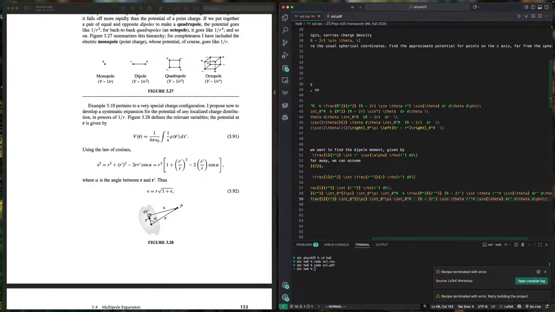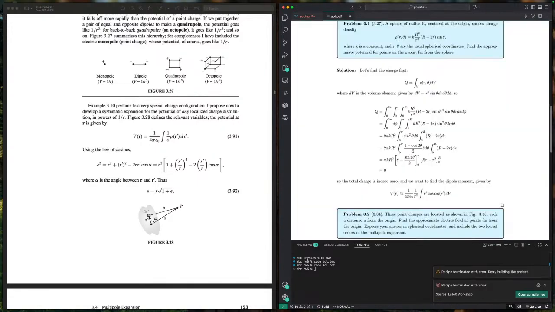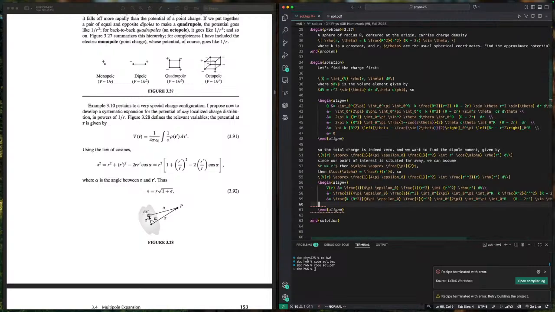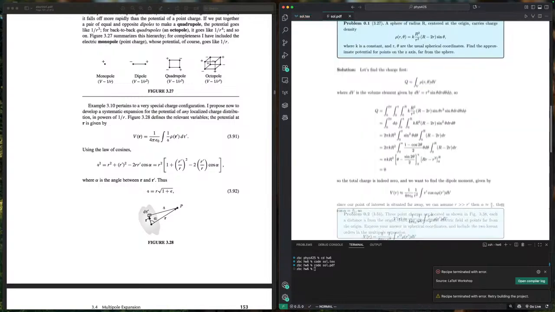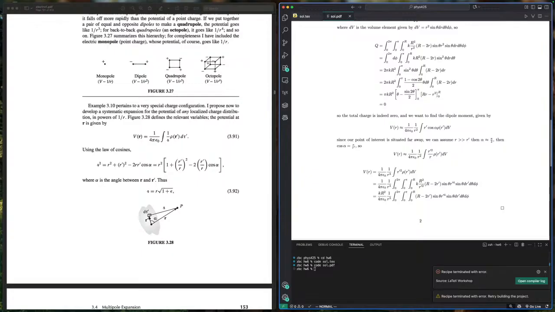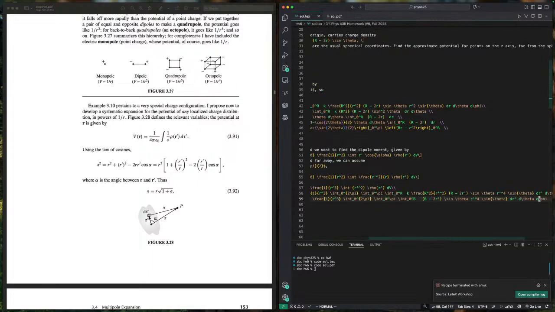Oh, what happened? Yeah, the align environment always works in a funny fashion. So now we get rid of this fourth power, change to a square power, and then we also change this into sine squared theta.